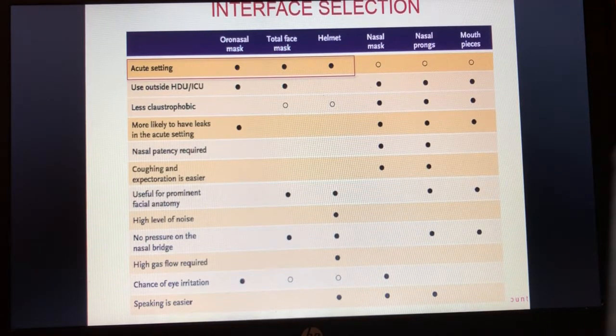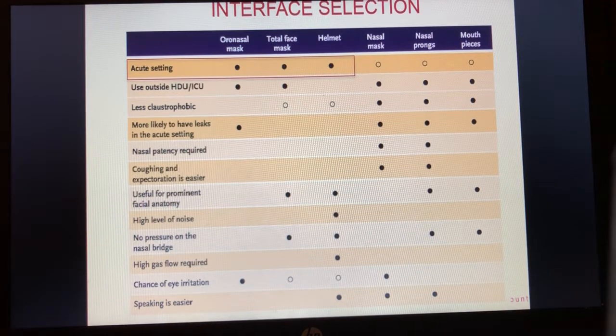interface. So for example, if we look at the fact that nasal masks, prongs and mouthpieces are less claustrophobic, and that an oronasal mask is the most claustrophobic because there's an absence of the circle there, and that it's easier to cough if you have a nasal mask or nasal prong.